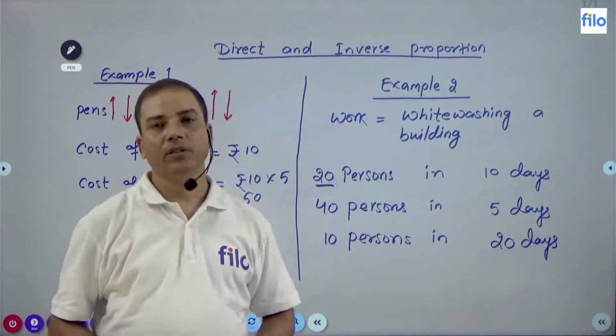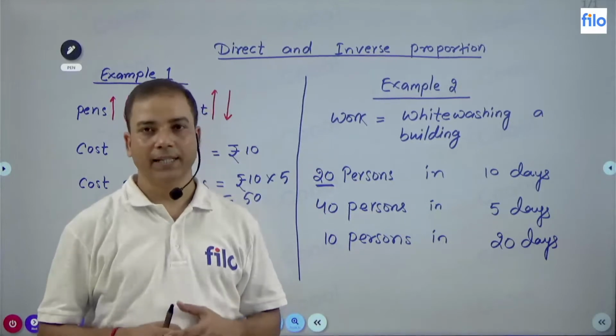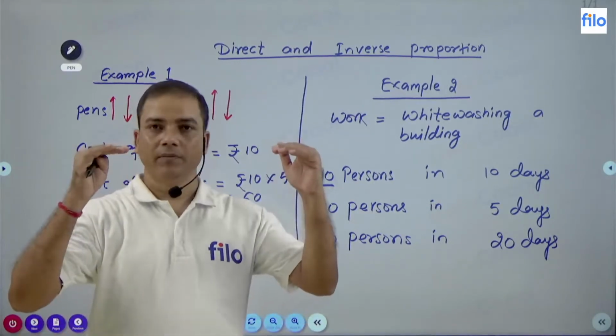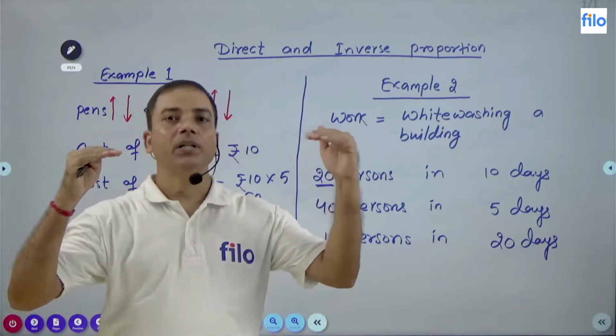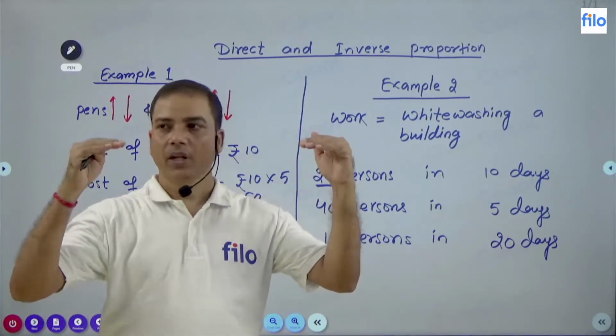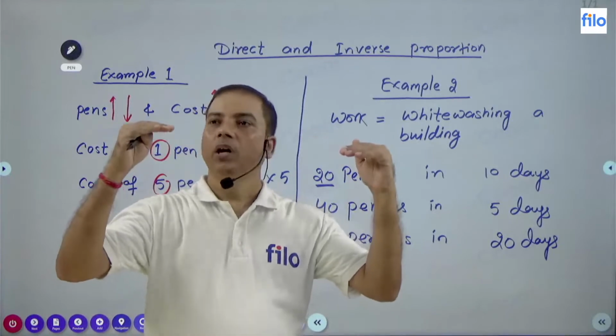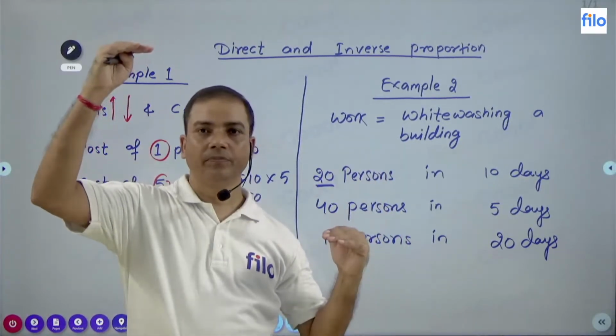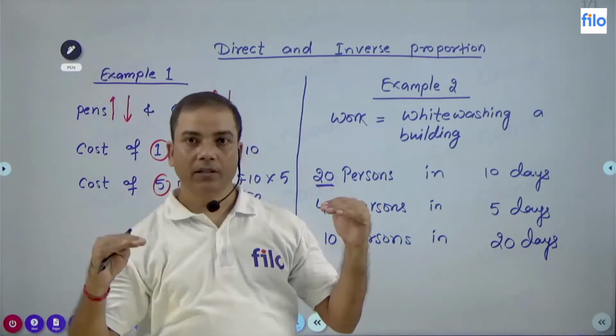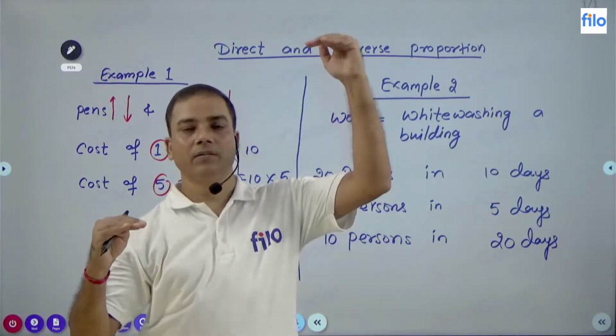This is what you need to learn. This is what you need to understand. Two quantities: number of days, number of persons. Number of days increase, persons decrease. Number of days decrease, persons increase.